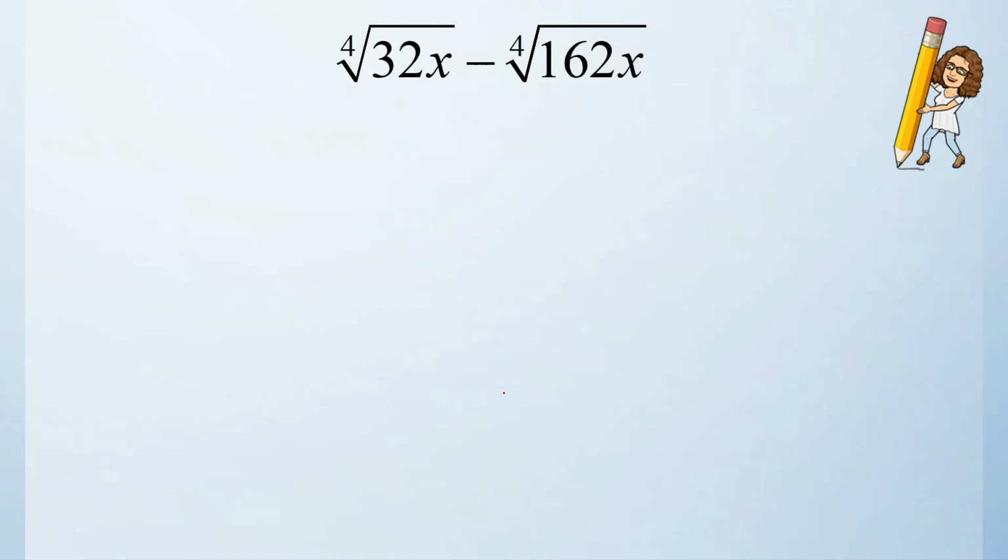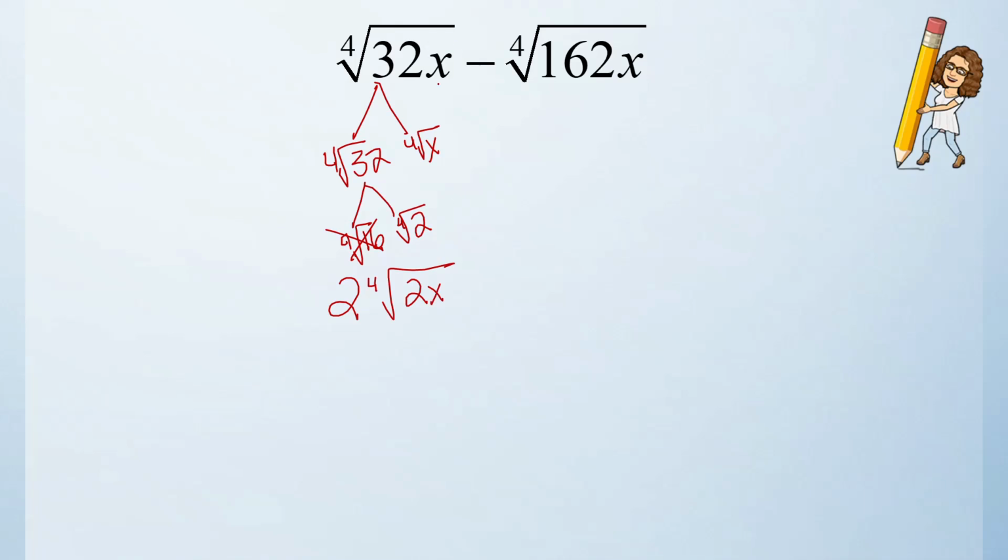Okay, should have given you enough time. Let me do it in front of you now. So I got 4th root of 32, 4th root of x. That's 4th root of 16 times the 4th root of 2. That would be 2 4th roots of 2, and then x coming down from the top.